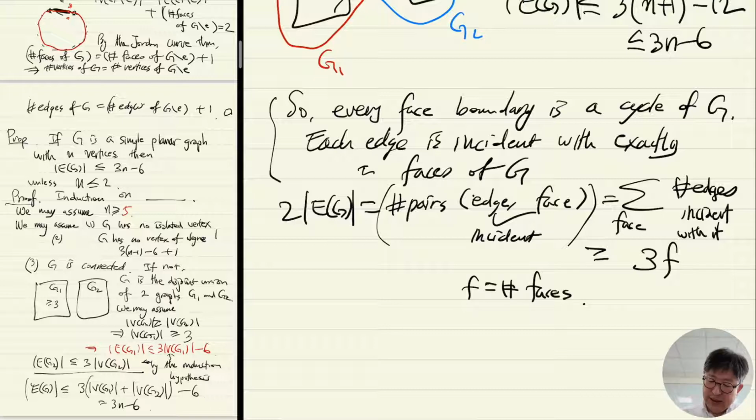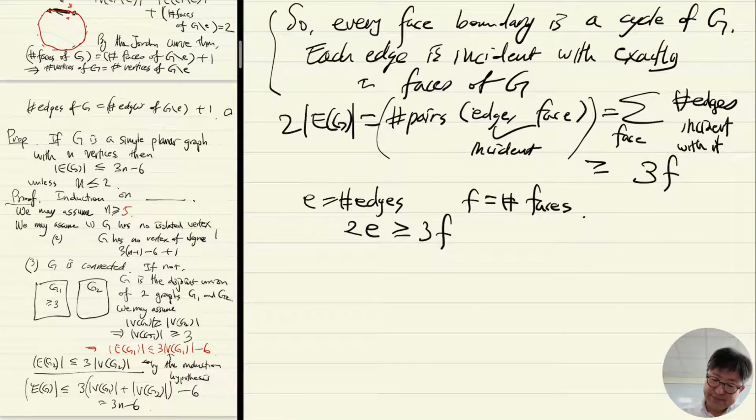That's a lower bound. So let's write E as the number of edges. Twice E is at least 3f. And let's write V as the number of vertices. So V is equal to n. All right.